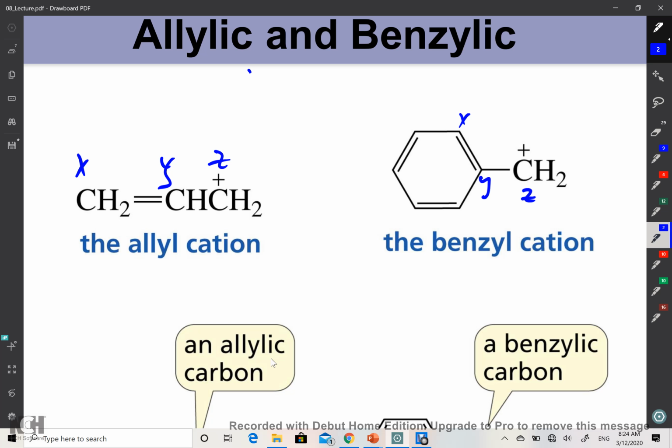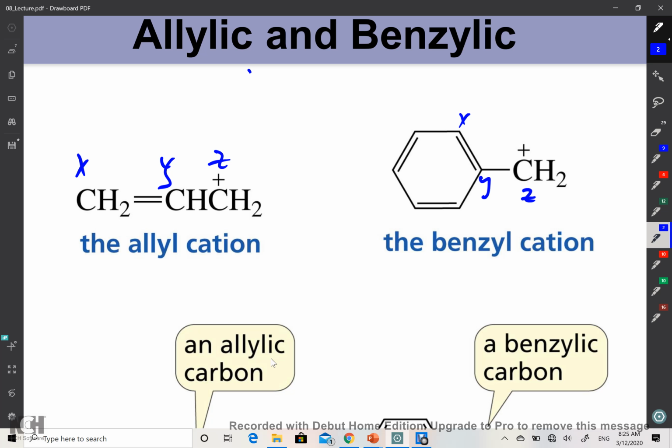Now, between the benzyl and the allyl cation, which one do you think will be more stable? Chances are that the benzyl will be more stable. The reason is simply because the benzyl can form more resonance structures, as we'll talk about in the following slide. We'll look at the different resonance structures that can be obtained from the benzyl cation.